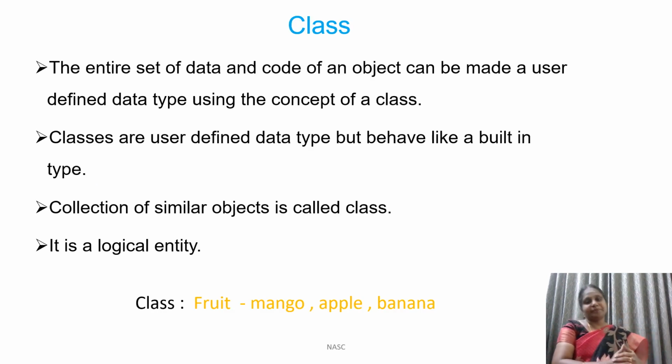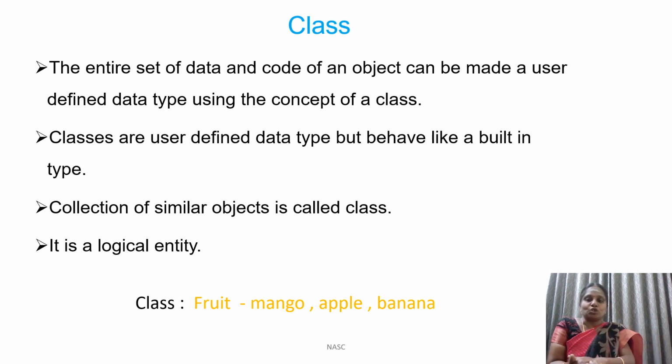The second concept is class. Class is nothing but a collection of similar objects. For example, if any two objects have common characteristics, they can be brought under a common class. For simple understanding, consider the classes called fruits and vegetables. Mango, apple, banana come under the fruits class because these elements have certain common characteristics.